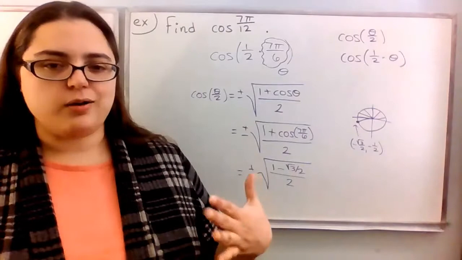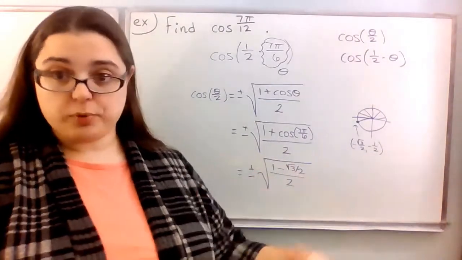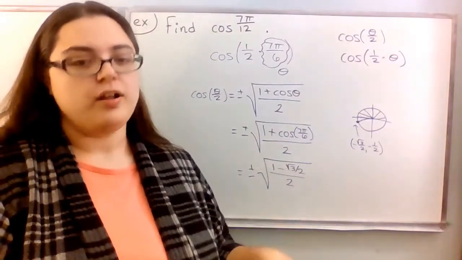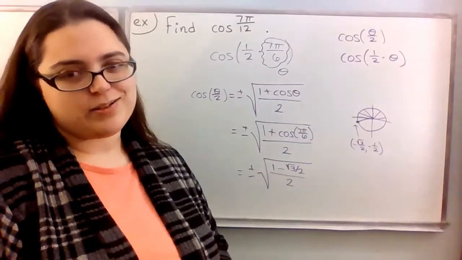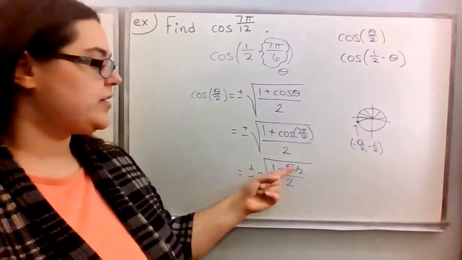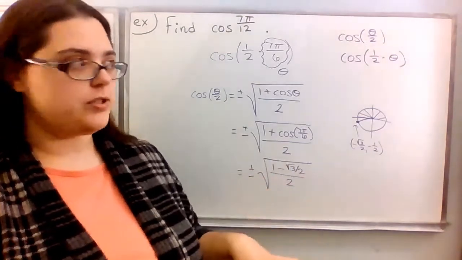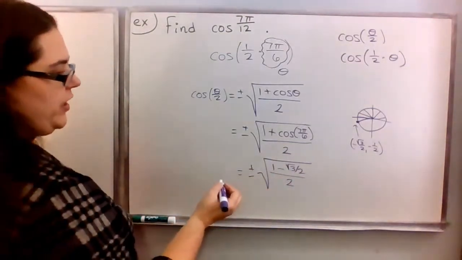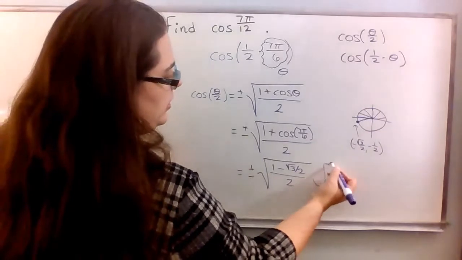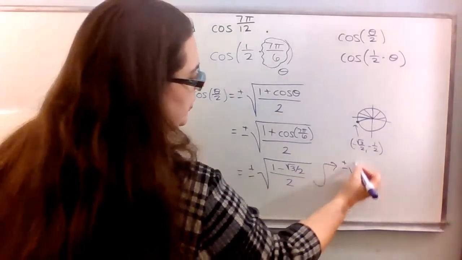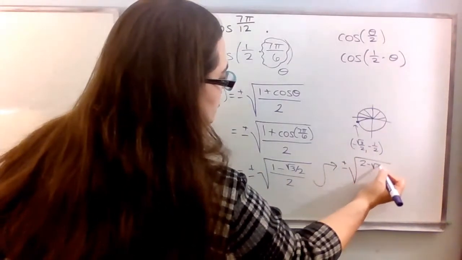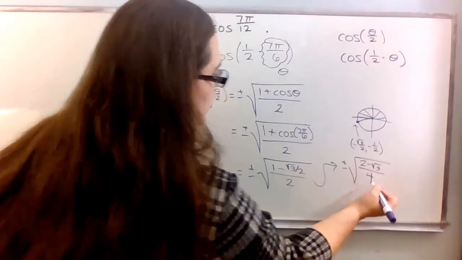Now this is where I was mentioning we're not going to get super precious about simplifying the radical, but we are going to try and make it as neat as we can. So for example, let's simplify this complex fraction by multiplying the top and bottom both by 2. So that's going to give us plus or minus the square root of 2 minus root 3 over 4.